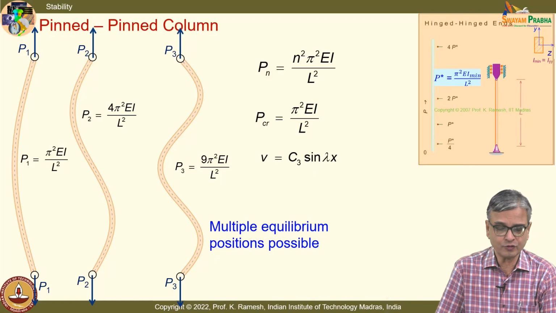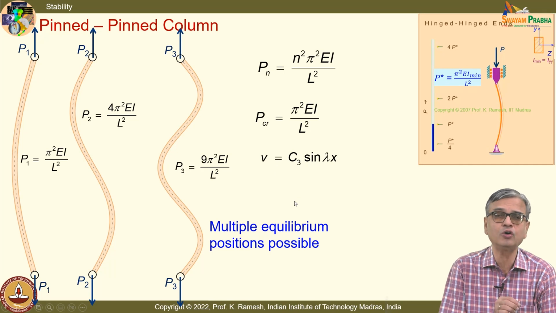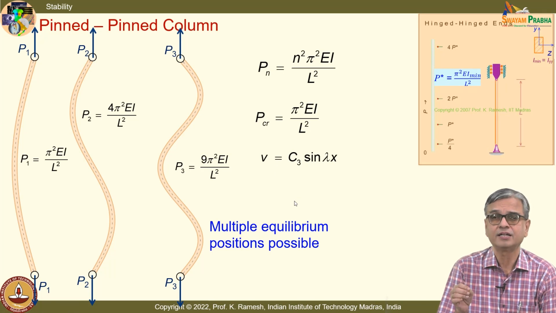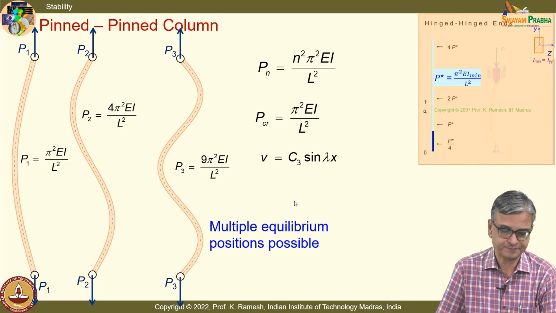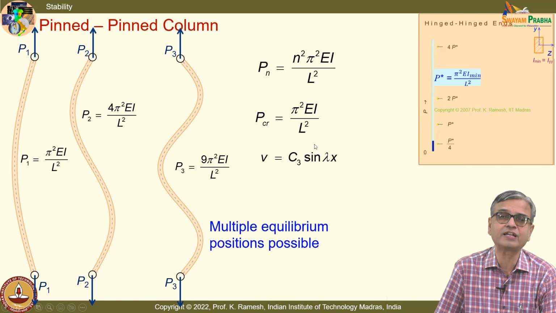In fact, if you consider the non-linear relationship of moment curvature, it is possible for you to evaluate, for a given load, the coefficient C3. If you look at the buckling problem, what is more important is the value of the critical load.